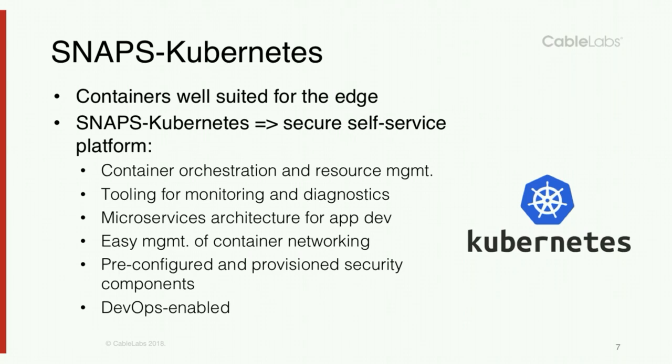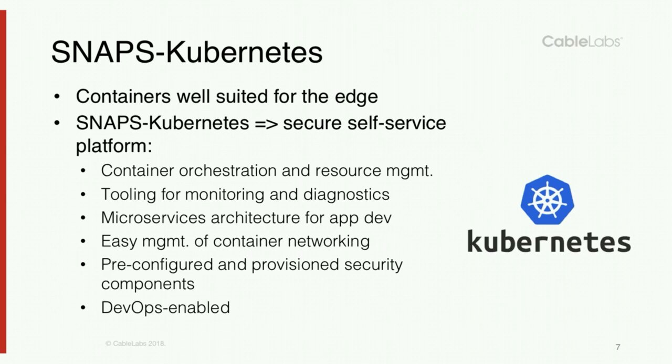So this is an important topic. The networking paradigm of Kubernetes is really geared towards web, enterprise-centric applications. It really is not that well suited out of the box for NFV and SDN.